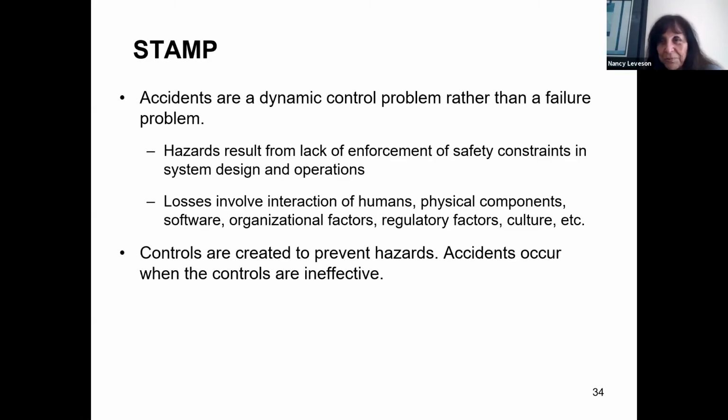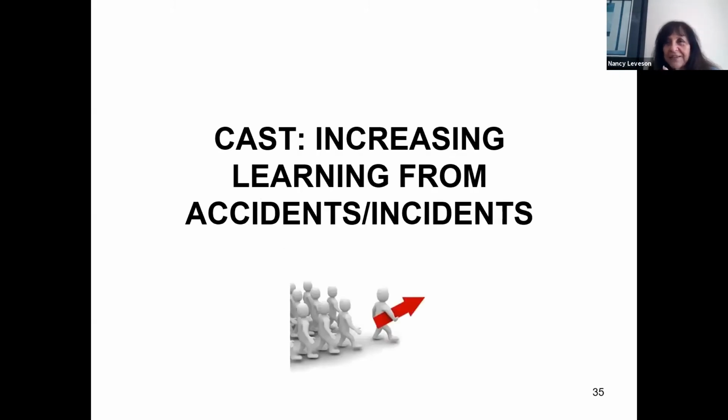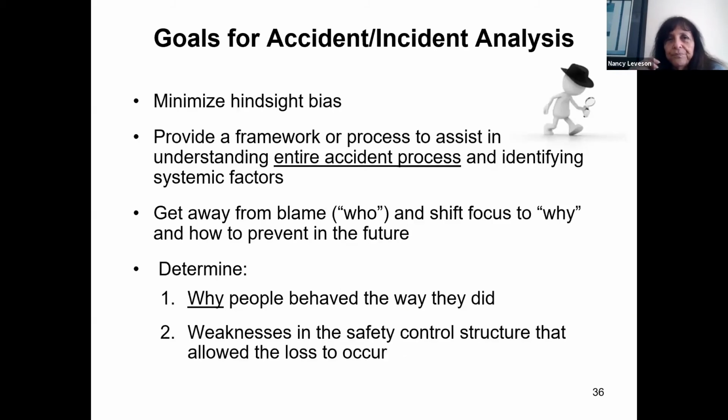Aha, that gives us something different to do. That's CAST. CAST stands for causal analysis using systems theory, or systems thinking. And here are the goals I had when I created it. Minimize hindsight bias, one of my highest goals.